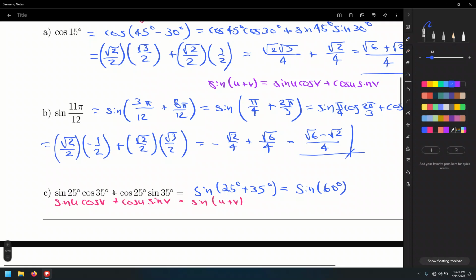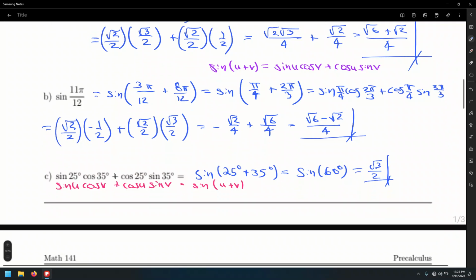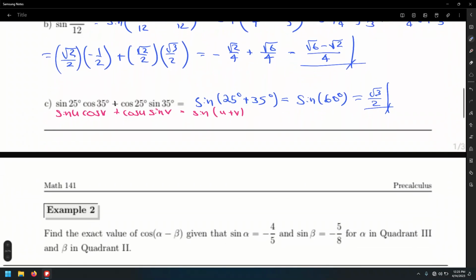And sine of 60 degrees is simply root of 3 over 2. That's a value that we know from the unit circle already, right? Again, this is about using these identities forwards and backwards.